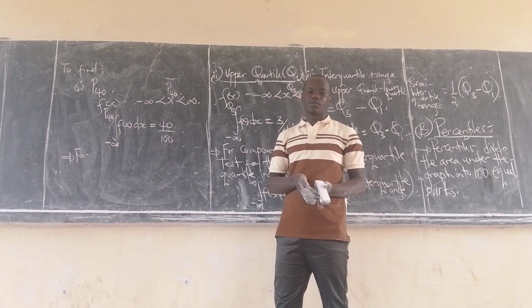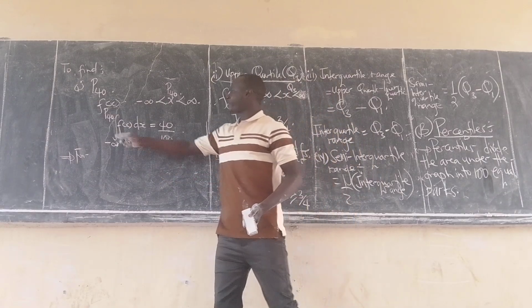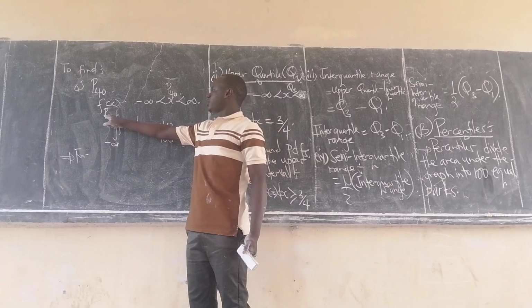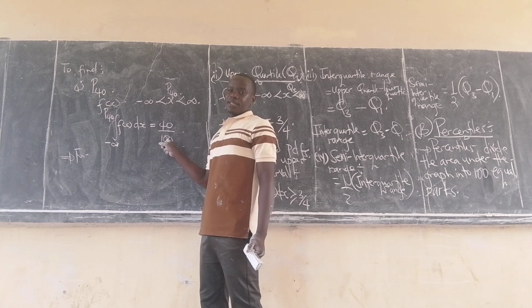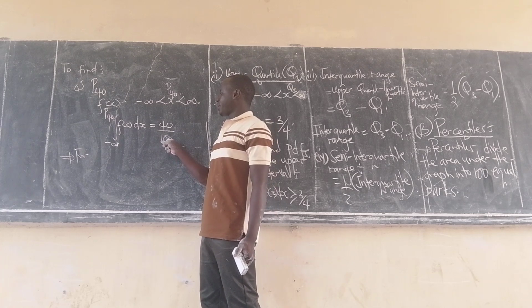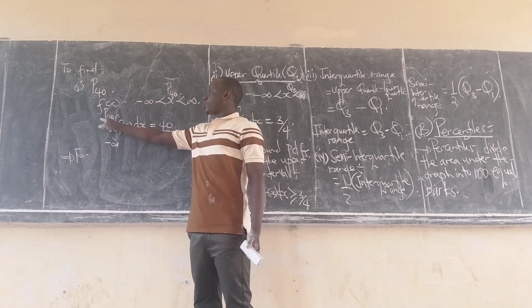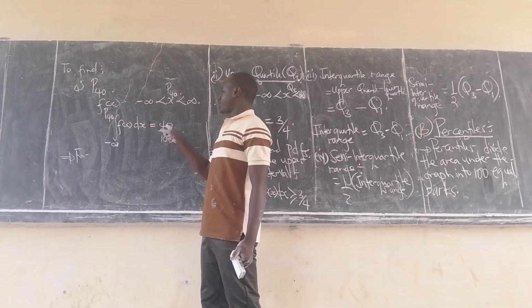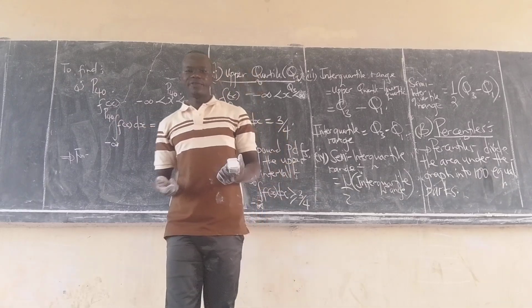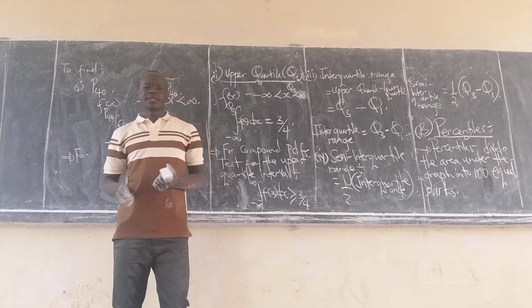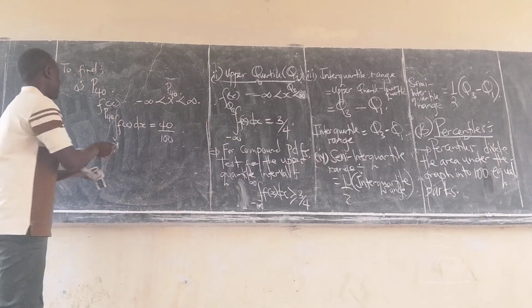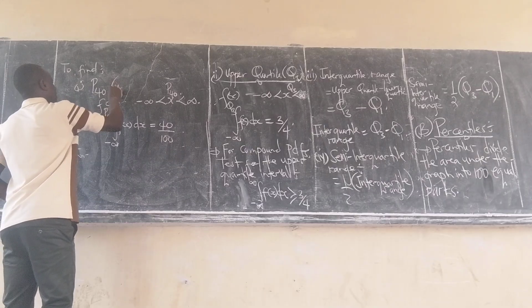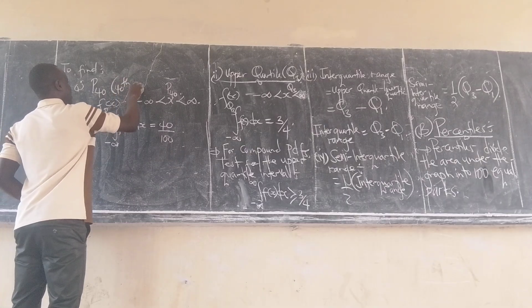But the logic does not change. So if it is P75, this one changes to P75, and this will be 75 over 100. If it is P80, this changes to P80, and this one becomes 80 over 100. However, having P40 is as good as having the 40th percentile.